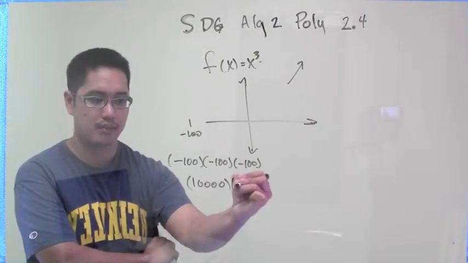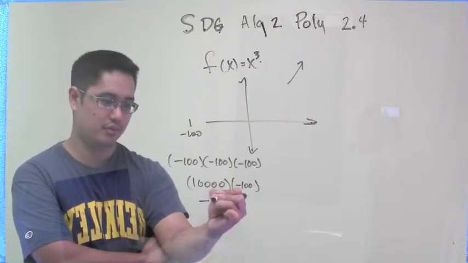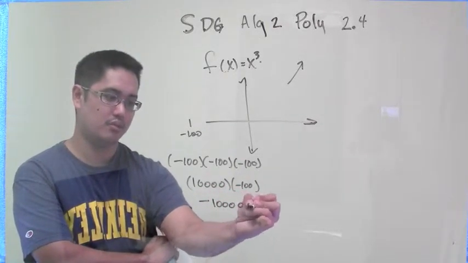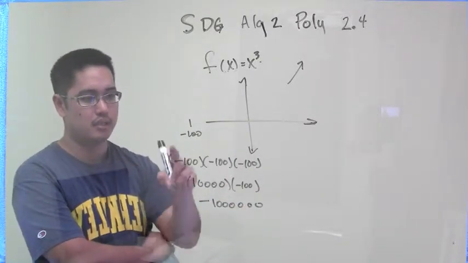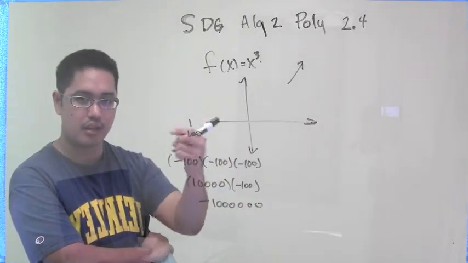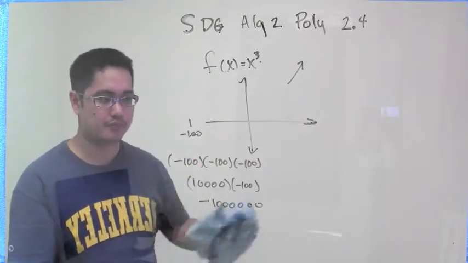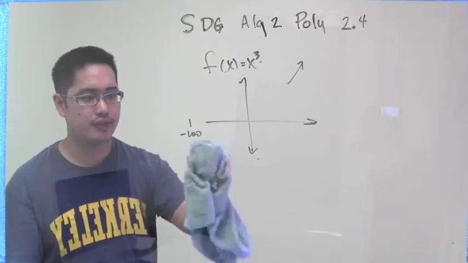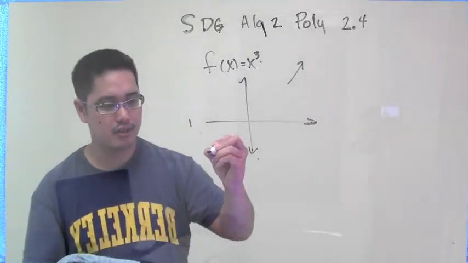I still have to multiply that by one other negative. So this would be negative 10,000 with 2 more zeros. What is that? That's a million. Negative a million. So this guy, when he's way out on the left side, is going to be a y value that's really low. So as the graph gets far out to the left side, this graph is going to start ending over here.